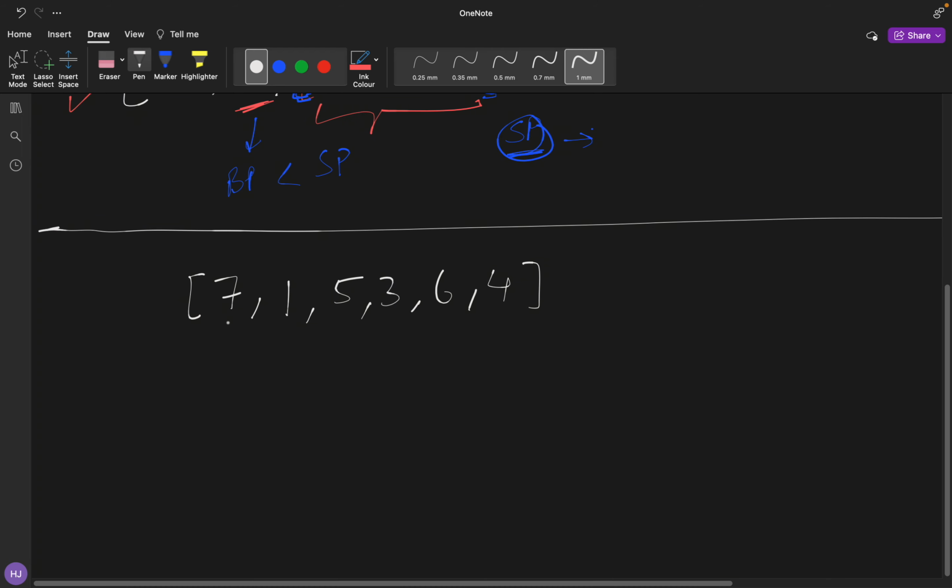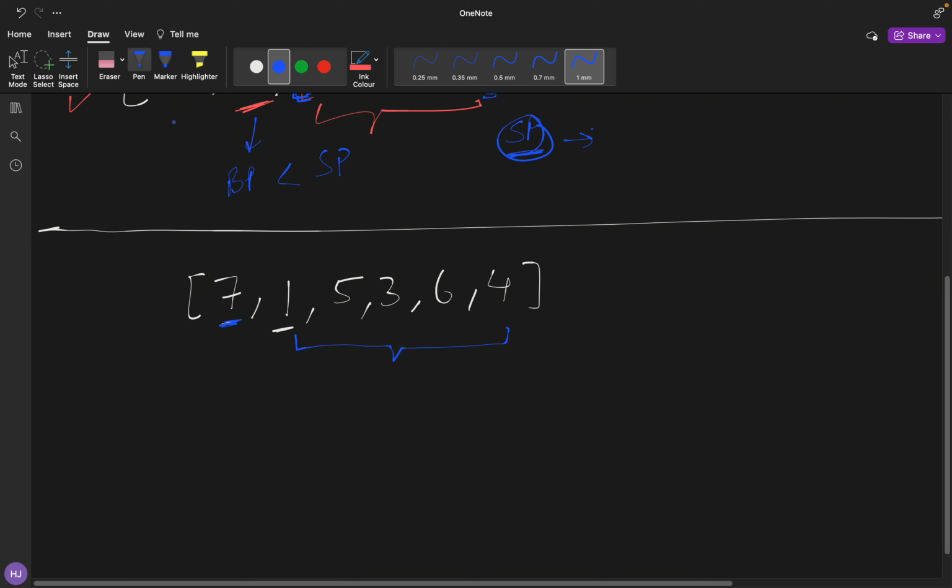We'll assume that I buy my stock at day 1. Then I will check for each and every selling price which exists after my day 1. Like if I buy my stock at day 1 for the cost price of 7, I have these many values from which I have to choose at what point I will make a profit, or at what point I will make the maximum profit, right?